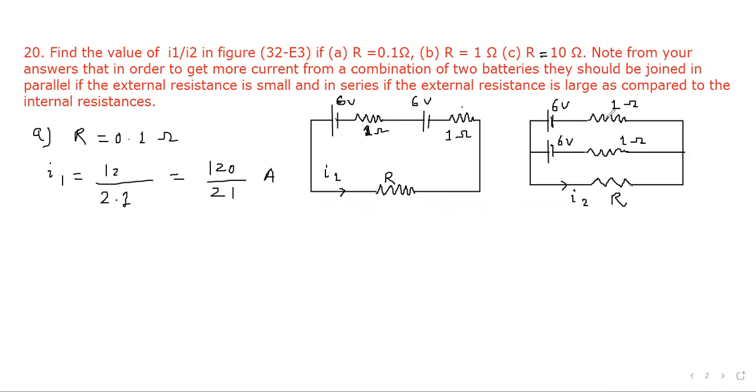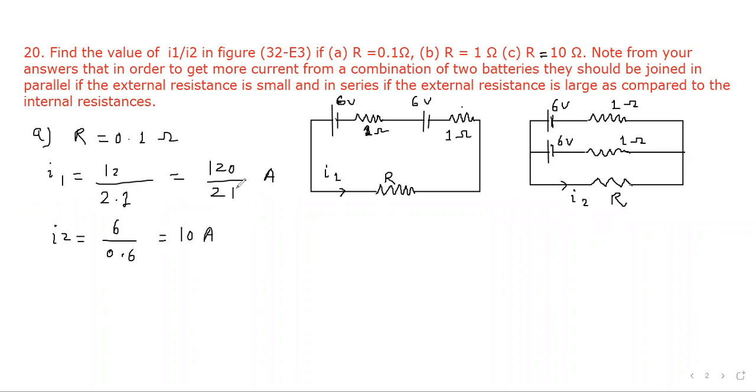Since both batteries are connected in parallel and they are equal in value, the EMF of only one cell will be taken, and the internal resistance of these two cells will be considered. So I2 will be equal to 6 volt, and these two resistances are in parallel, so this will become 0.5 ohm, and this is 0.1 ohm. So total is 0.6 ohm. So this will give 10 ampere.